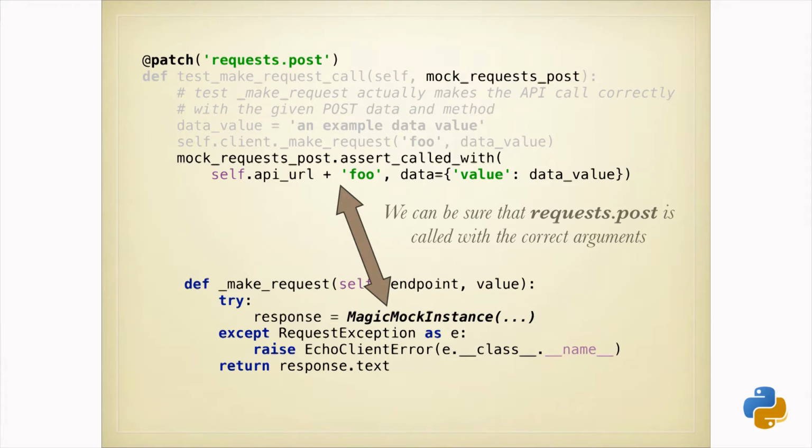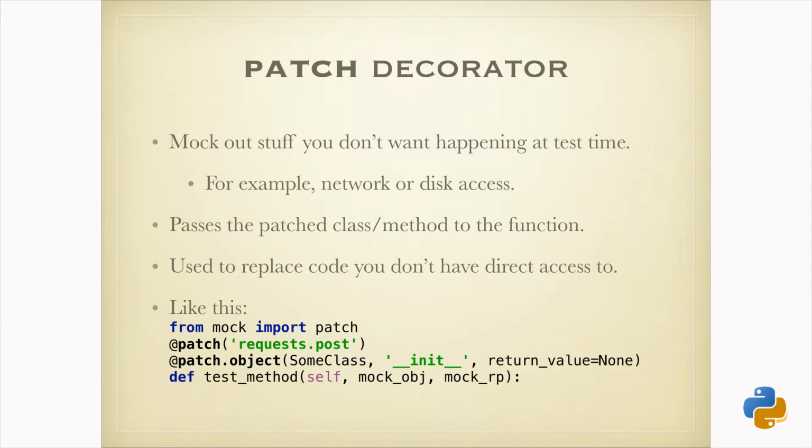So let's talk a little bit more about the patch decorator. Well, it can help us to mock out stuff that we don't want happening at test time. For example, network or disk access or database calls, or basically anything, really. And so the patched classes or objects are passed in as arguments to our test case.